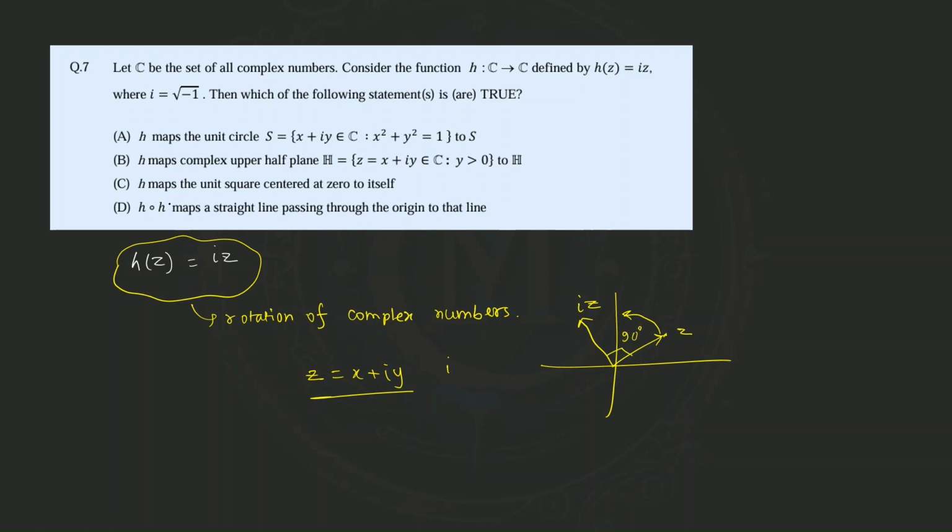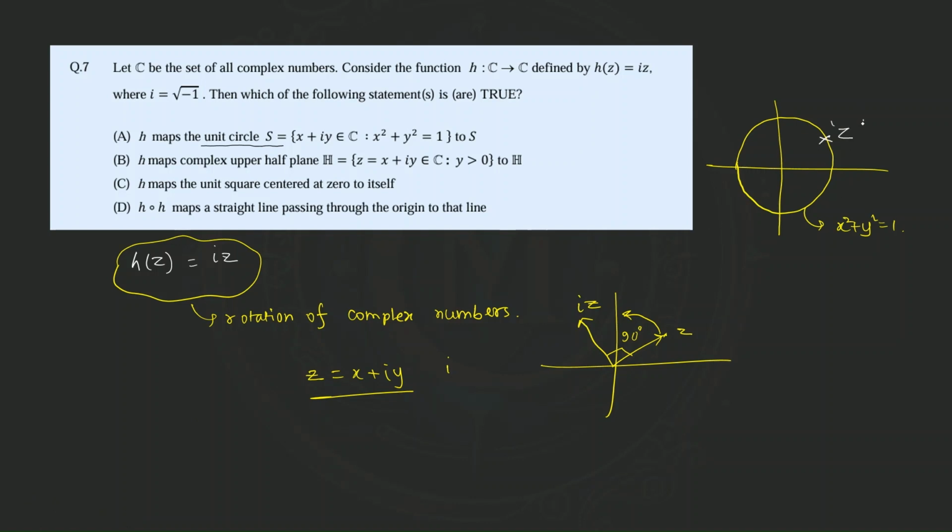In option A, it says h maps the unit circle S to S. Let us draw this unit circle first, x square plus y square equal to 1. Now take an arbitrary point z on this unit circle.